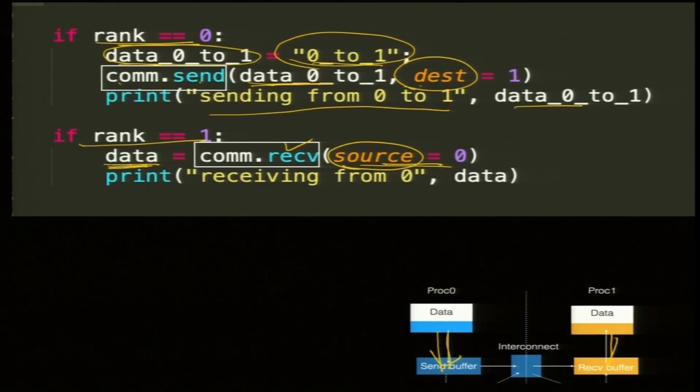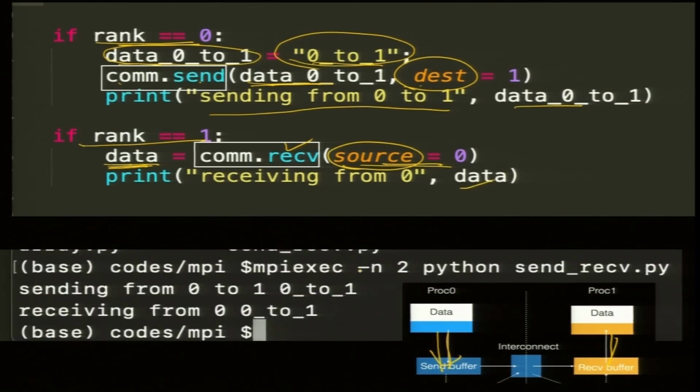And I am printing it here. When I run it with two processors, the first line printed is sending from 0 to 1, and receiving, this will print receiving from 0 to 1. So, this is simple syntax, but is it possible that receiving can happen before sending? No, never, receive cannot happen before sending.